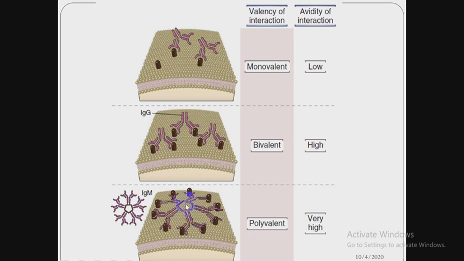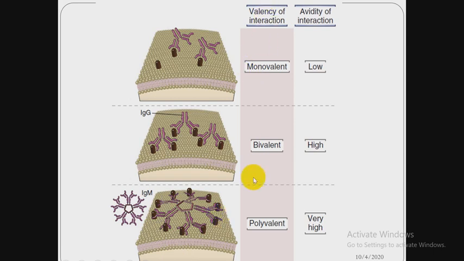And in the third row, we have IgM, and IgM, you know, is a pentamer immunoglobulin, and the IgM can use 10 antigen binding sites, and also we have a polyvalent antigen.